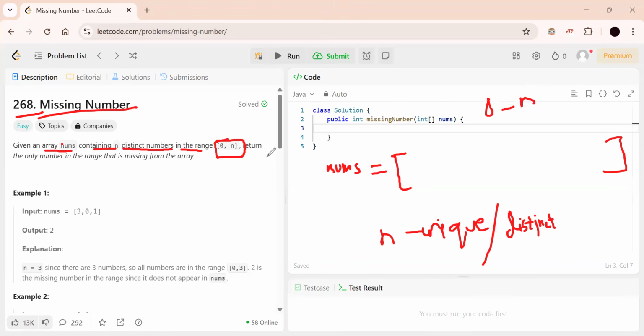The range of the numbers is 0 to n. Return the only number in the range that is missing from the array.